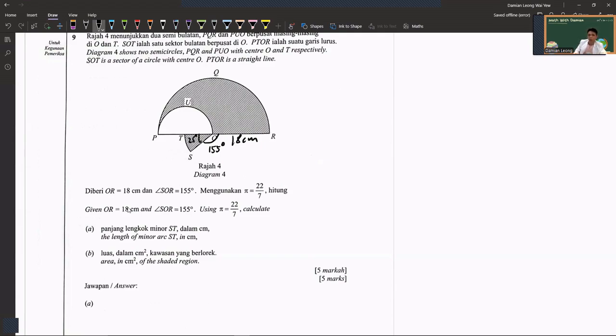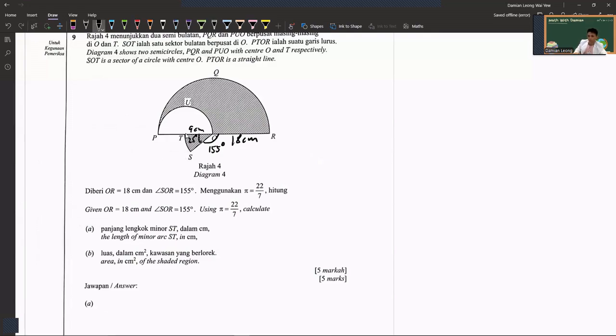Okay. So part A, we want the length of minor arc ST. So 25 degrees. This T is the center of PO. Means OP is 18, this is the diameter. So radius will be half of that, which is 9 cm, because OR and OP should be the same.